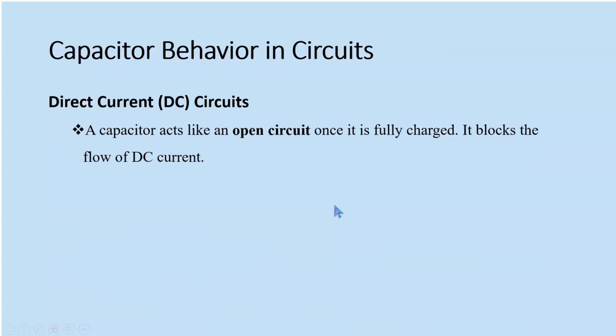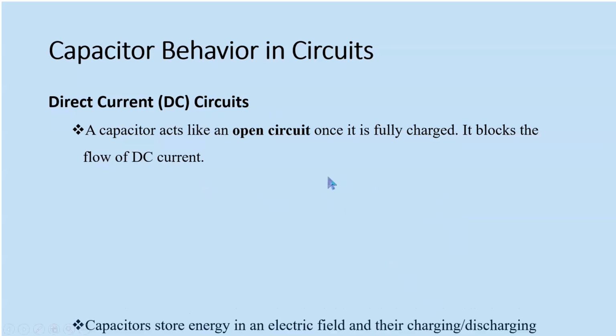Let's look at the behavior of capacitors in circuits. With a DC source, a capacitor behaves as if it is an open circuit. Once it is fully charged, it can no longer take on anything. Therefore, when it is fully charged, it acts as an open circuit.